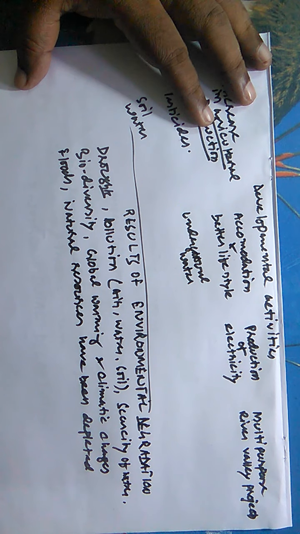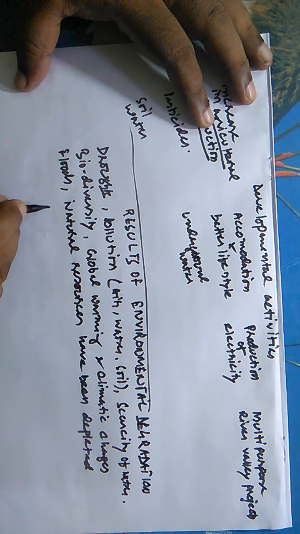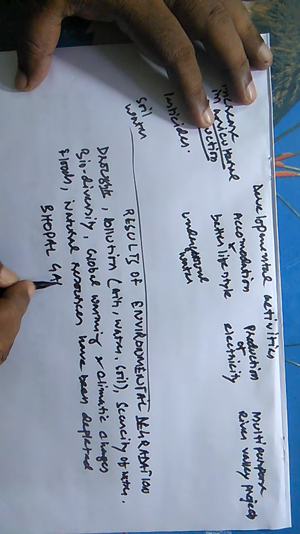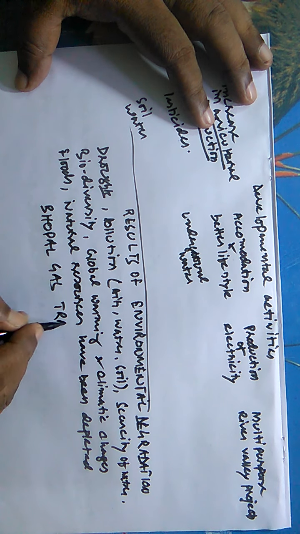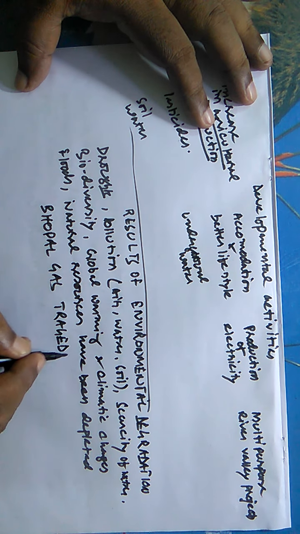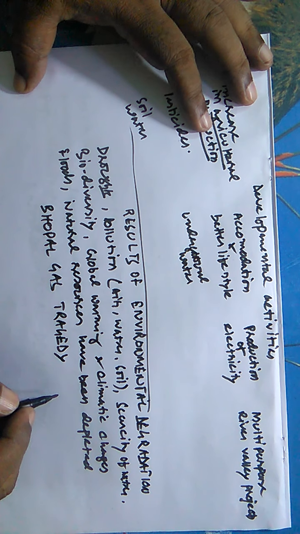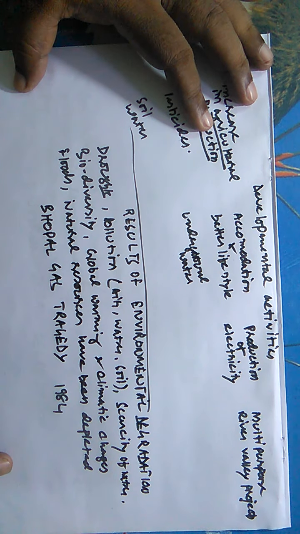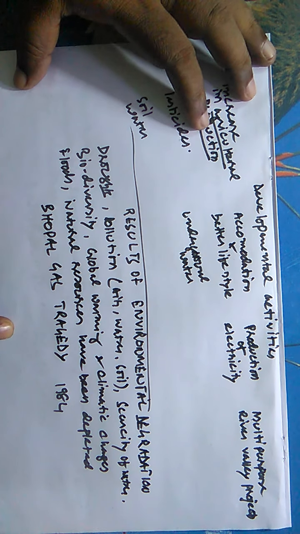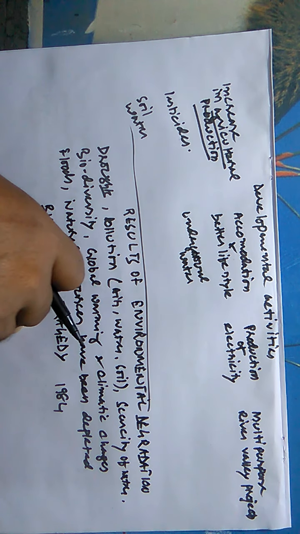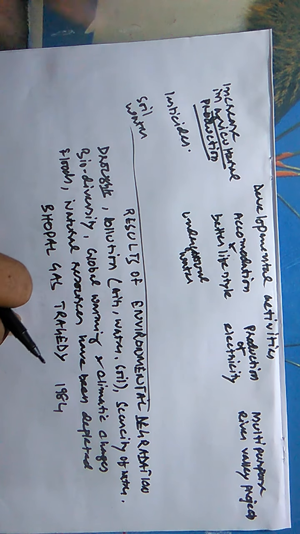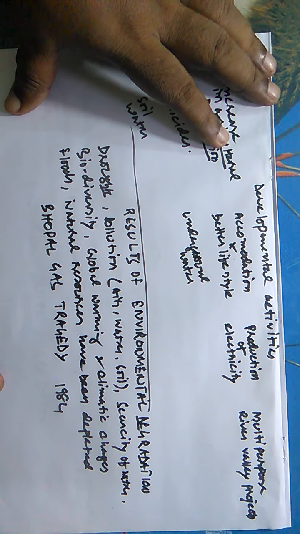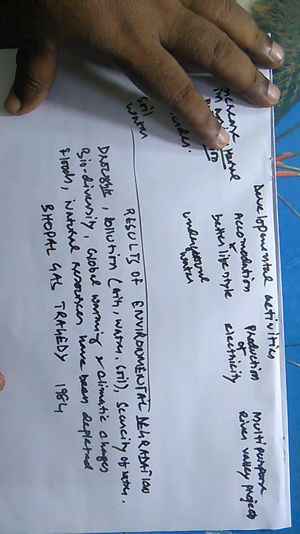You may have heard about the Bhopal gas tragedy, which happened in 1984 on the night of December 2 and 3 in Bhopal from a closed factory of Union Carbide Limited.